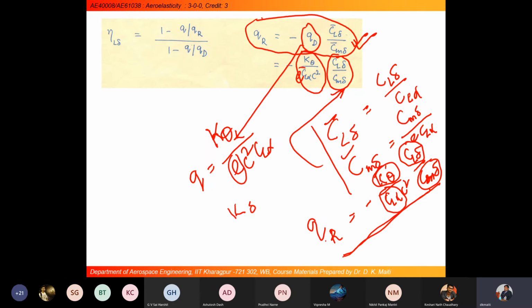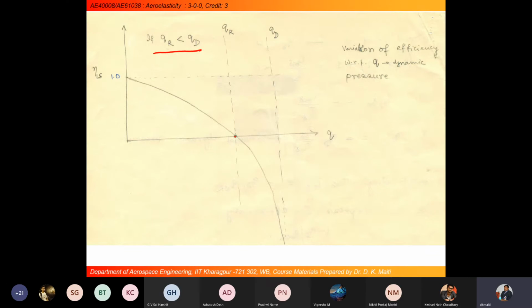Let me show the behavior of the efficiency curve at Q reversal. If Q reversal is less than QD, at Q reversal it will be 0, and then it will go to an infinitely large negative value of efficiency when it approaches QD, the divergence speed of the wing.